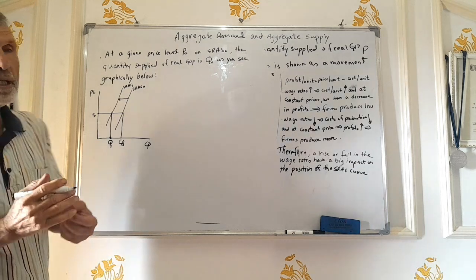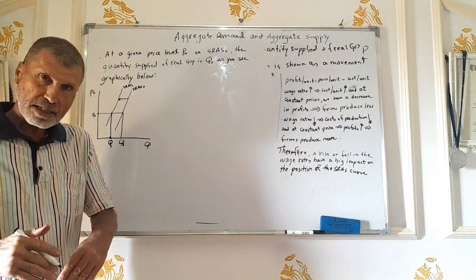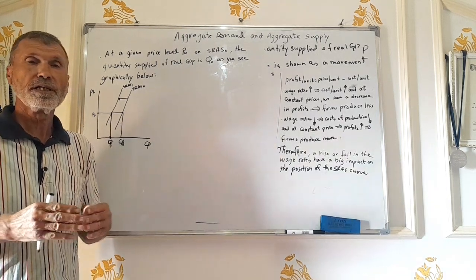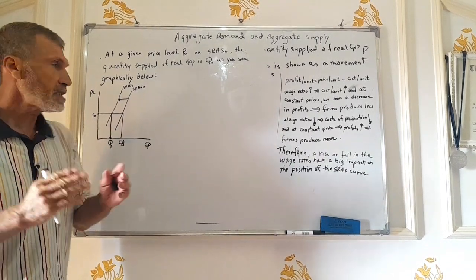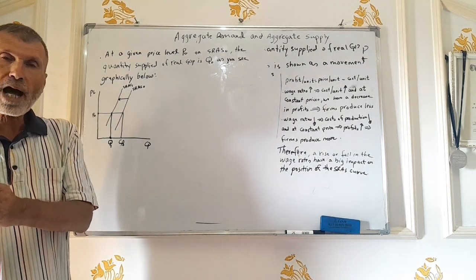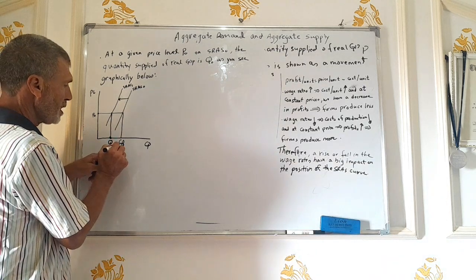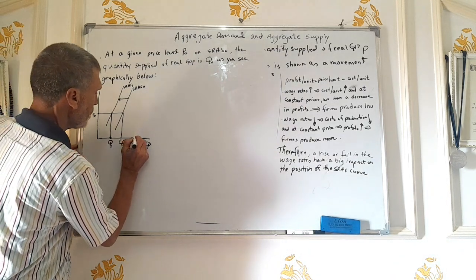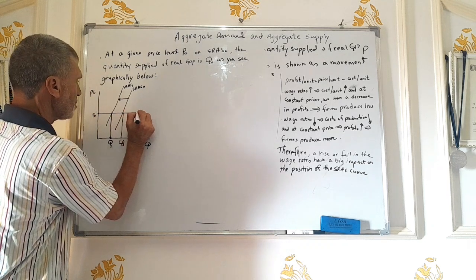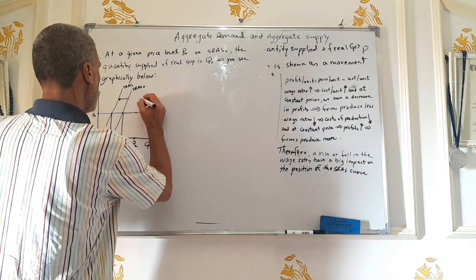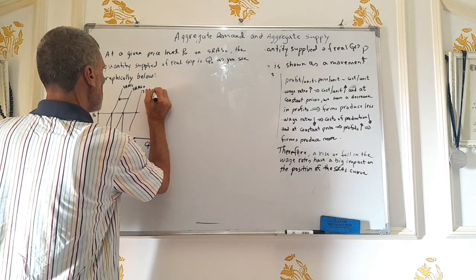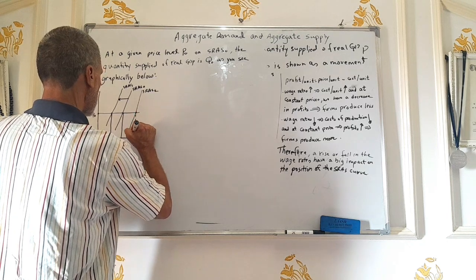And when the wage rate decreases, that implies the profit of the firm will increase, and at constant price level P0, firms are going to produce more output than Q0. So it's going to be over here, Q2, on SRAS2.